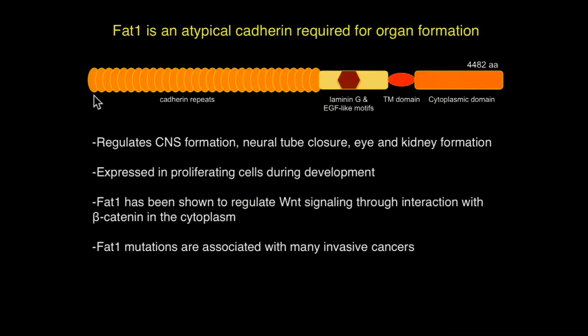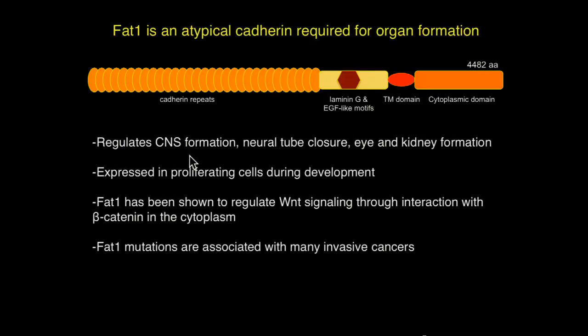They contain a very long extracellular domain containing, in the zebrafish, approximately 34 cadherin repeats, a laminin EGF-like domain, a transmembrane domain, and a cytoplasmic domain, which in FAT1 in a mouse system has been shown to interact with various aspects of the actin cytoskeleton, possibly regulates cytoplasmic beta-catenin, as well as interacting with the Hippo pathway. So there are several different functions that FAT1 may be playing in maintaining cellular mechanics during collective cell migration.